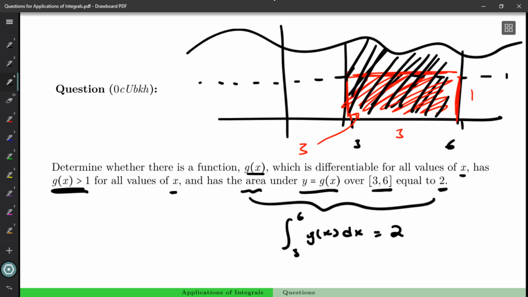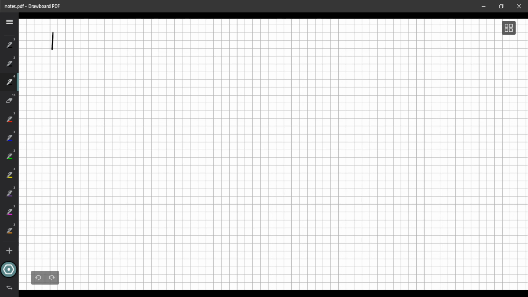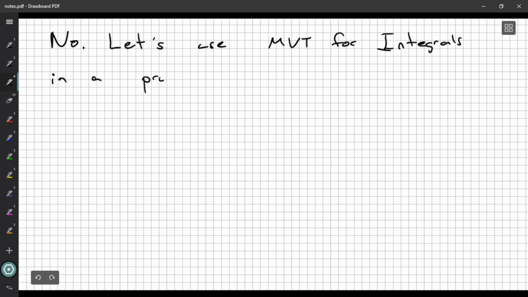This is exactly the sort of situation where the mean value theorem for integrals can help us. So we'll say no. Let's use the mean value theorem for integrals in a proof by contradiction. So how does proof by contradiction go?